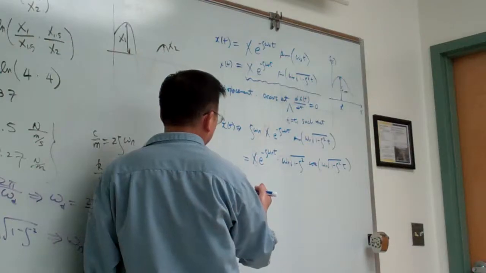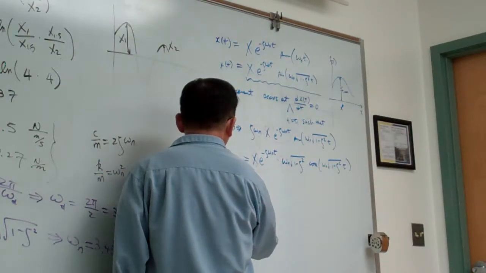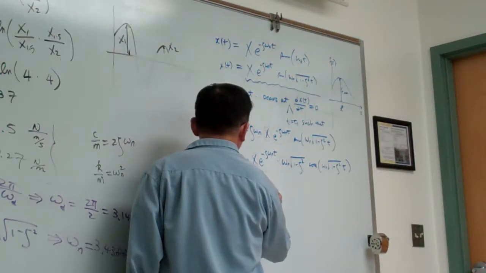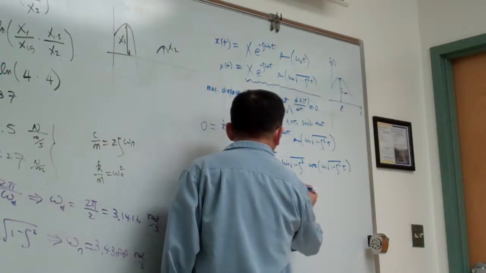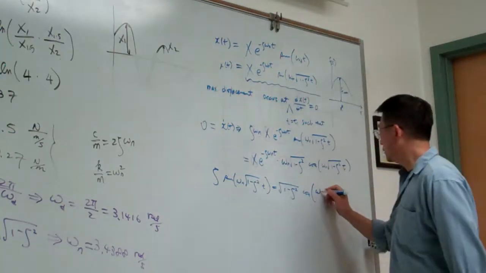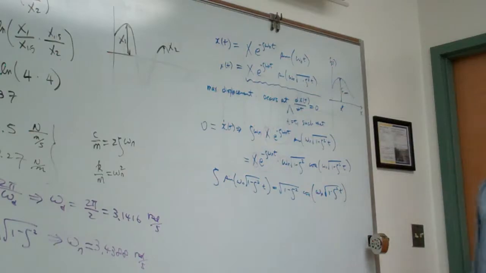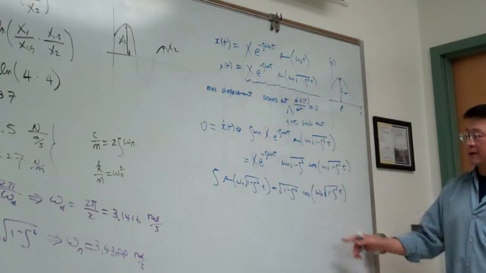So let me do a little bit of rearrangement. So zeta sine omega n square root of 1 minus zeta squared t equal to square root of 1 minus zeta squared cosine omega n. Okay, so basically this is the zeta, and everything becomes like this.